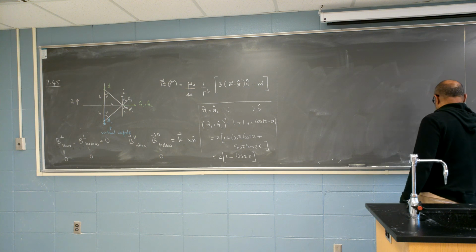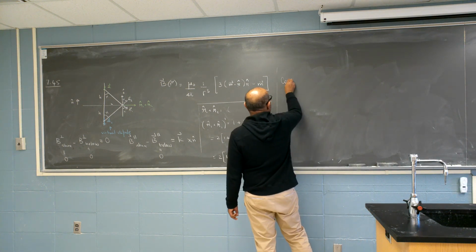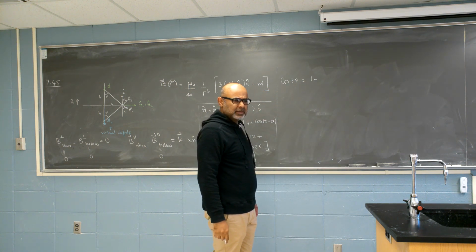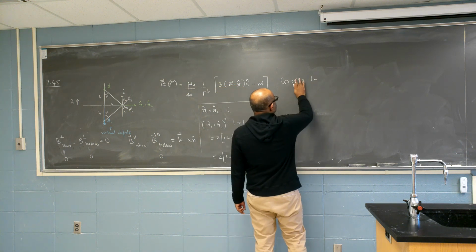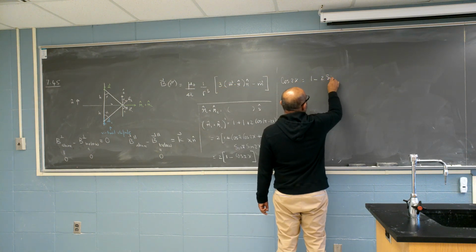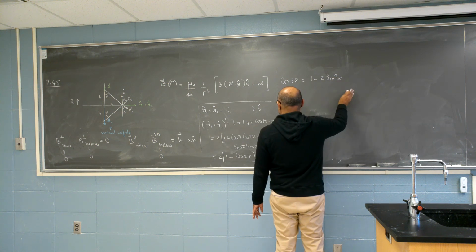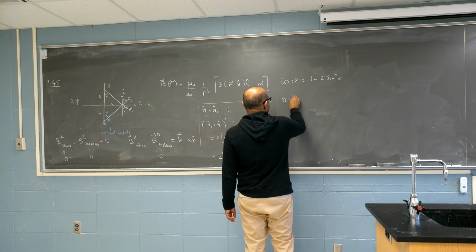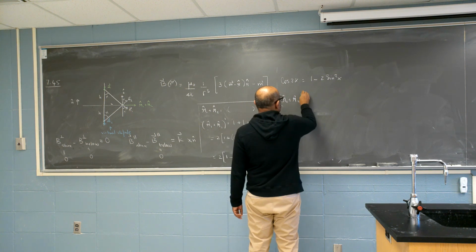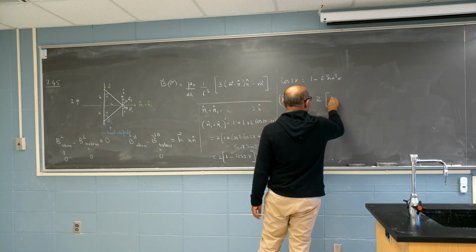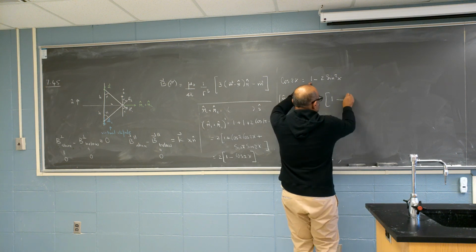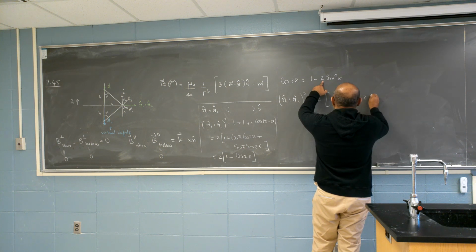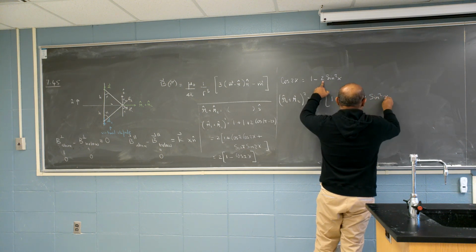Cosine 2x is 1 minus 2 sine squared x. So then I would get R1 plus R2 squared equals 2 times 1 minus 1, plus 2 times sine squared chi.